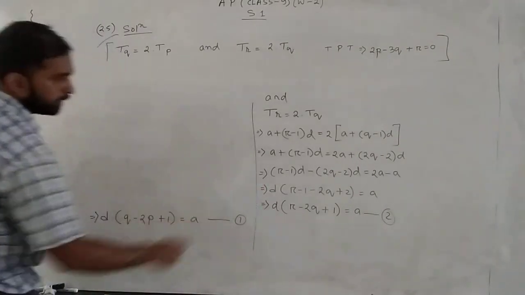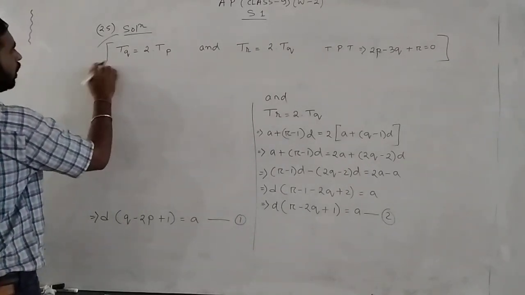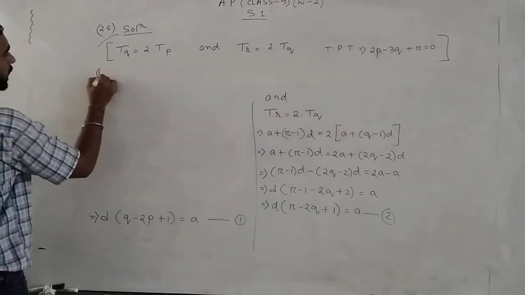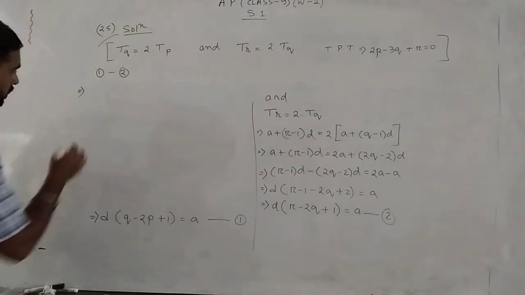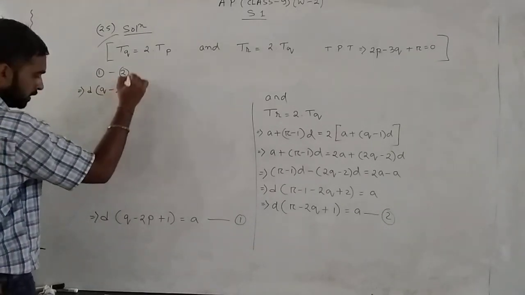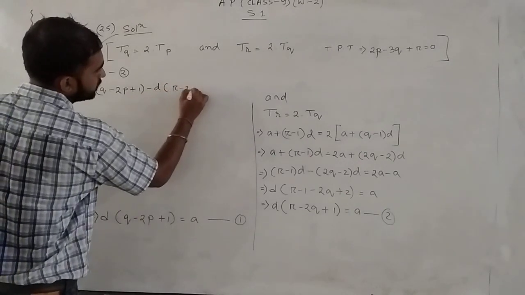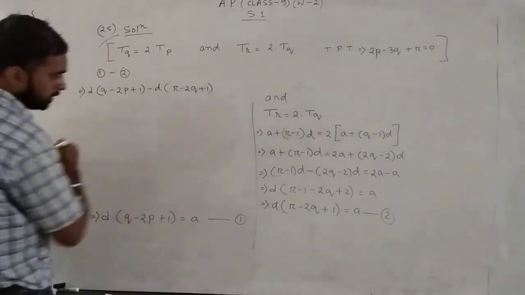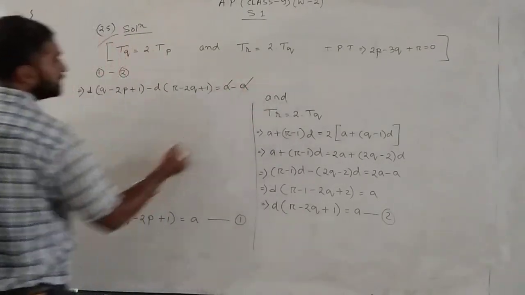So after getting equation 1 and 2, subtract 1 from 2 or 2 from 1. I did 1 minus 2. So D into q minus 2p plus 1 minus D into r minus 2q plus 1 equal A minus A. A minus A cancels.